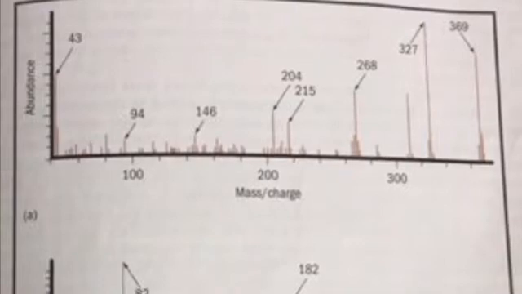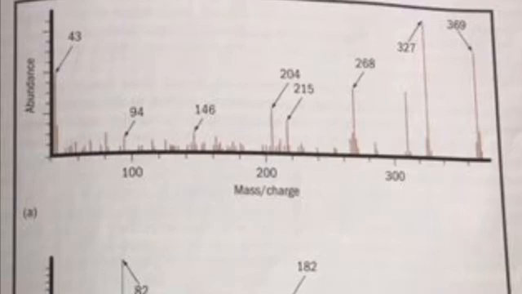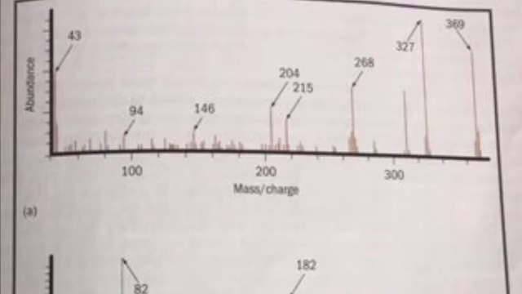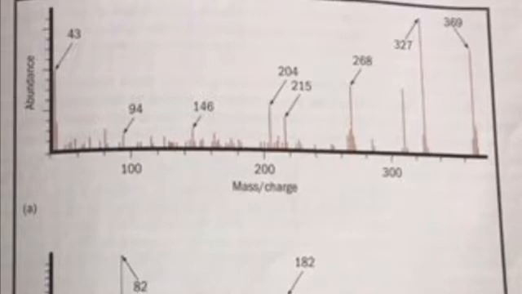For example, in the sports world, we now have lots of athletes who are attempting to improve their abilities by taking steroids. And steroids are a very complicated molecule, and there are a lot of different steroids.